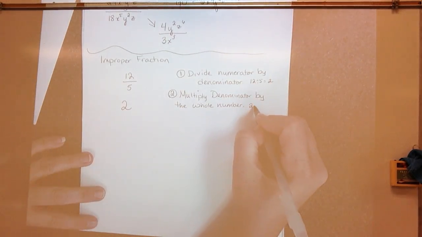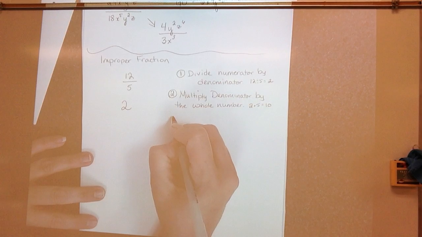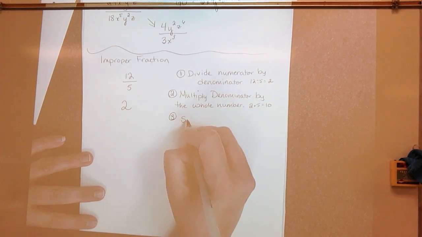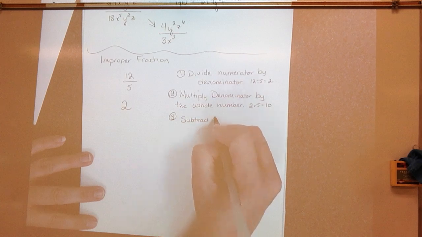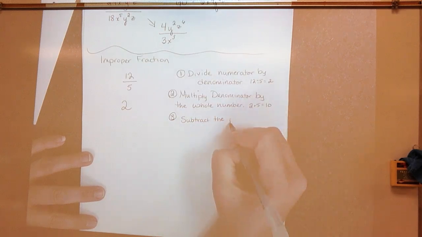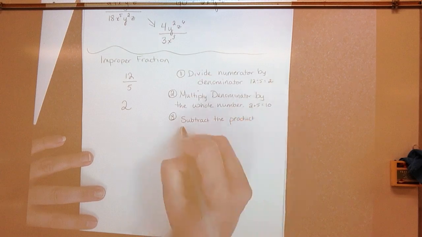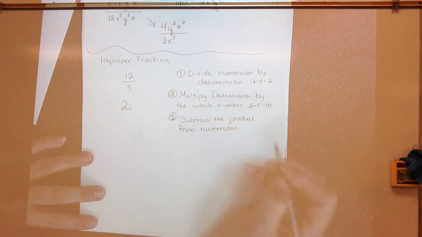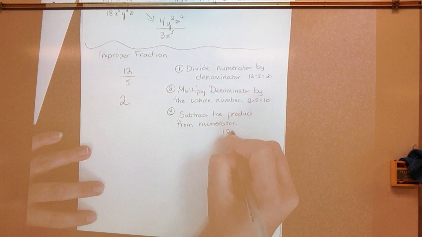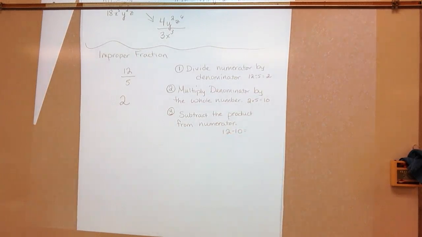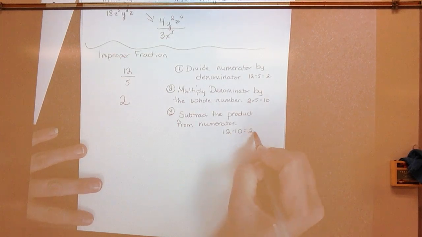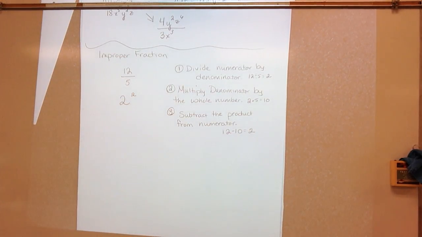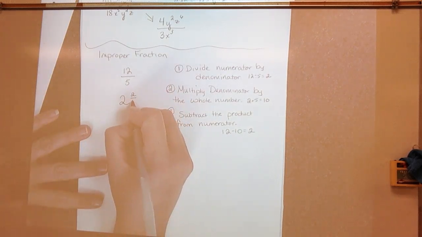Then I'm going to say 2 times 5 is 10. Now I'm going to subtract the product from the numerator. So my product was 10. I'm going to subtract that from the numerator, which is 12, and that gives me 2. That now becomes the numerator in my new fraction. And then my denominator never changes.